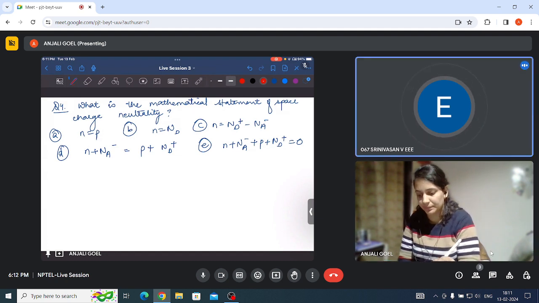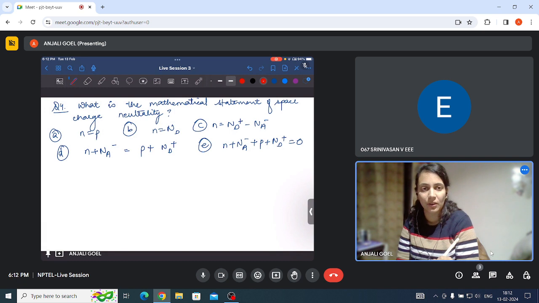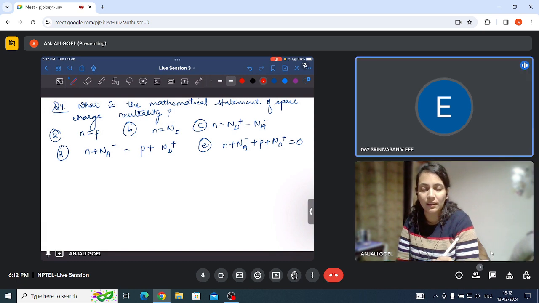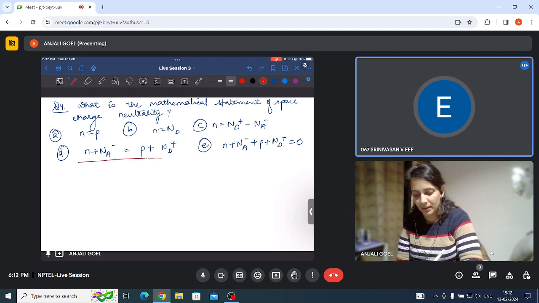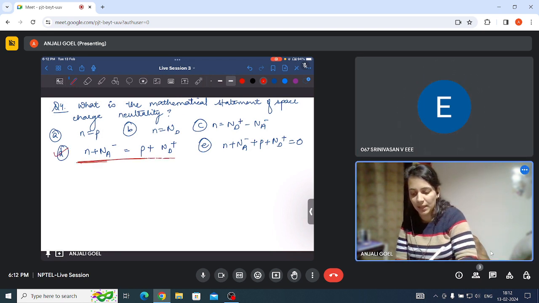It will be D. The number of acceptors will be equal to the number of donors.